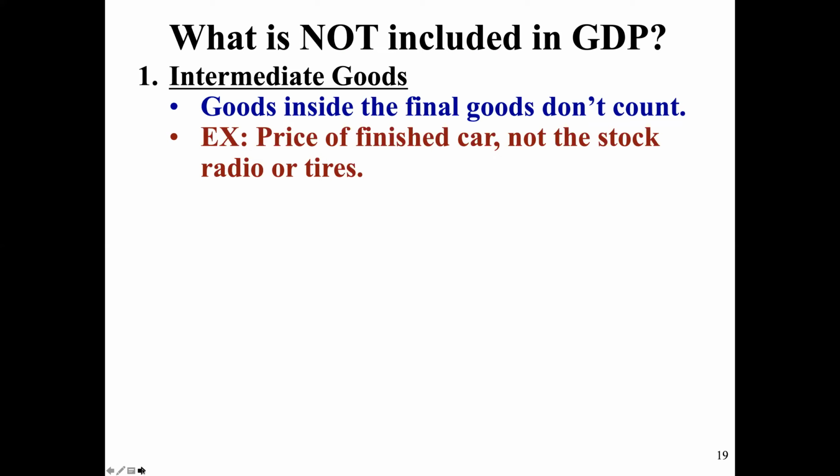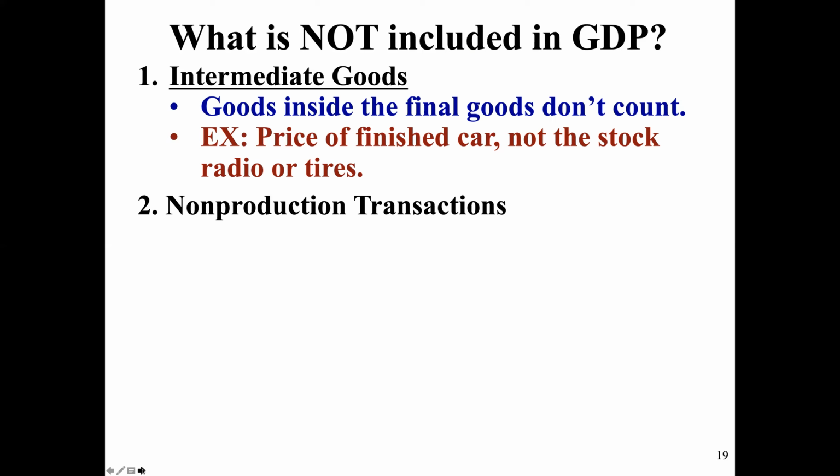So if when you're going off to college next year, your mom buys you a new Toyota truck, that's going to go towards GDP. The stock radio in it is an intermediate good. It's built into the price of that truck, so it's not going to go in. On the other hand, if you drive it down the street to Best Buy and you buy an aftermarket radio as a new product, that's a finished product that you're buying on its own, then it would count towards GDP.